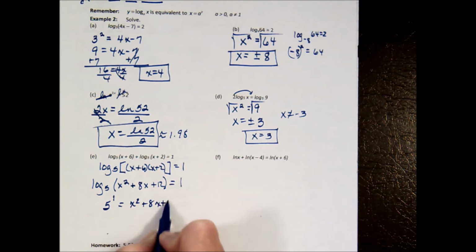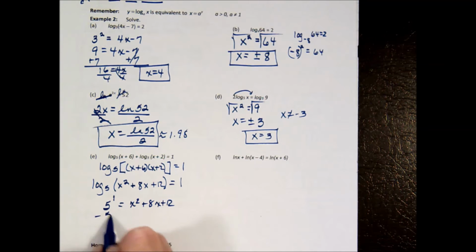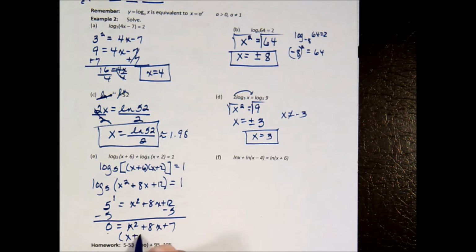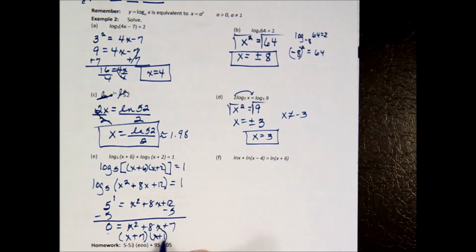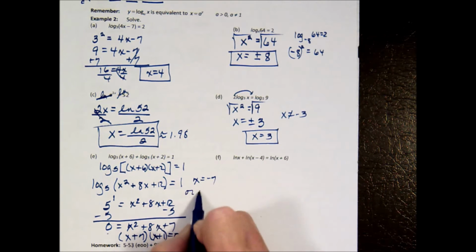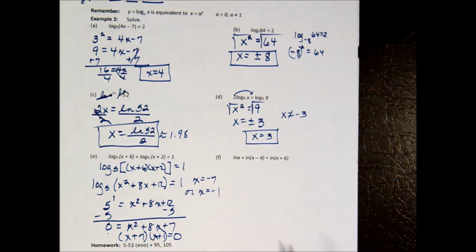Well, that's just 5. So I'm going to subtract a 5 from both sides because I see I have a quadratic and I need to get it equal to 0. Now I have to factor. And I'm going to get x plus 7 times x plus 1 equals 0. So x equals negative 7 or x equals negative 1, but we have to check.